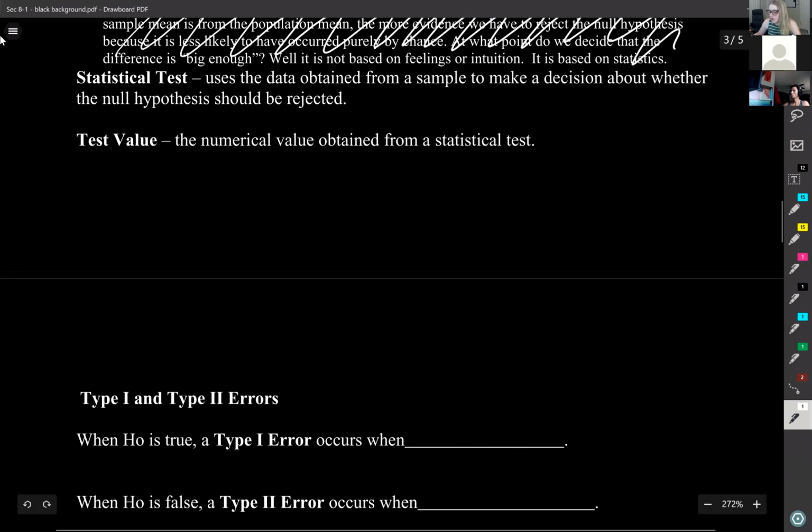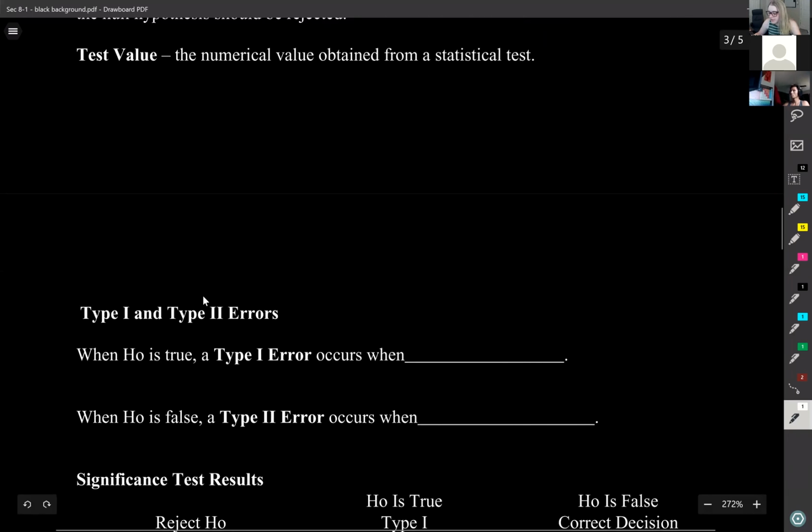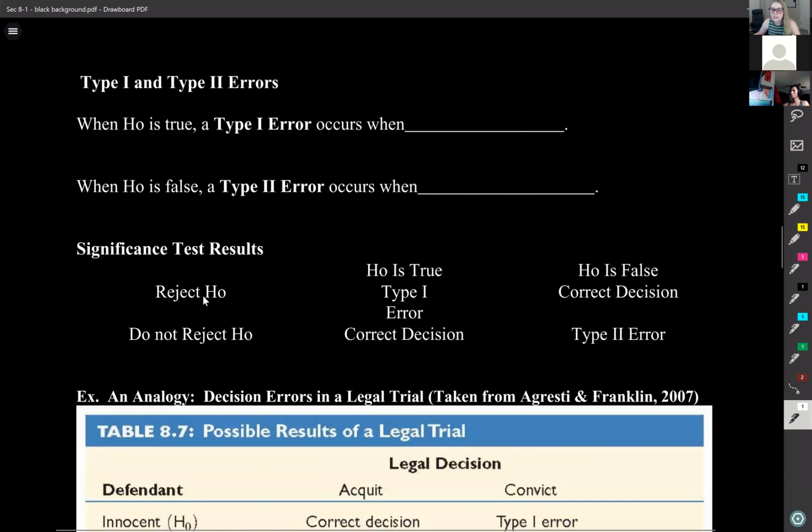Okay, but before we get into a specific type of test, let's discuss some errors that could happen with doing hypothesis testing. So we have two types of errors here. We have what's called a type 1 error and then a type 2 error. So when the null hypothesis is true, a type 1 error occurs when you actually reject the null hypothesis.